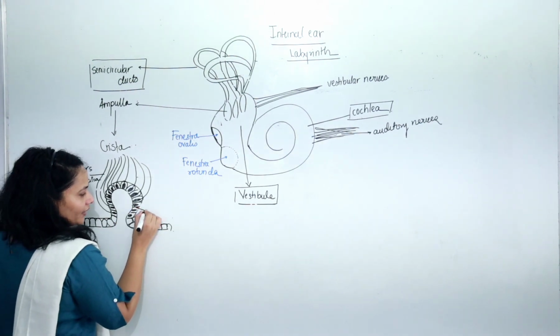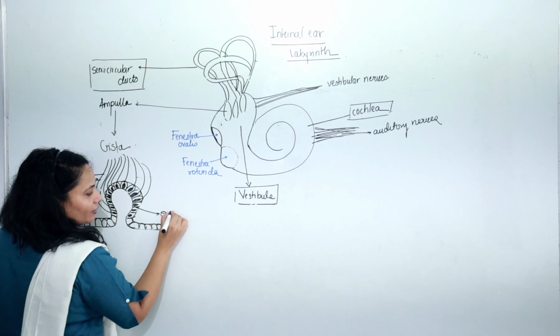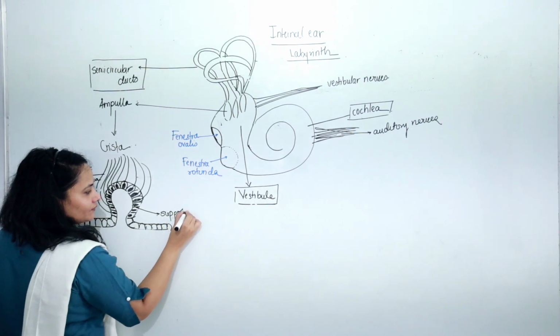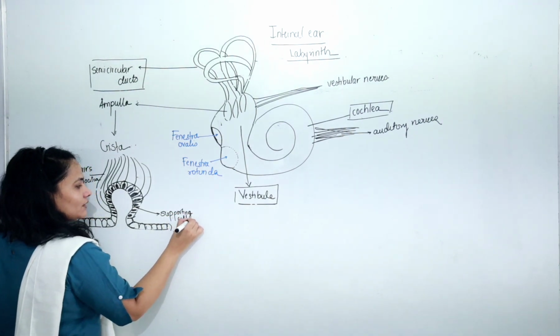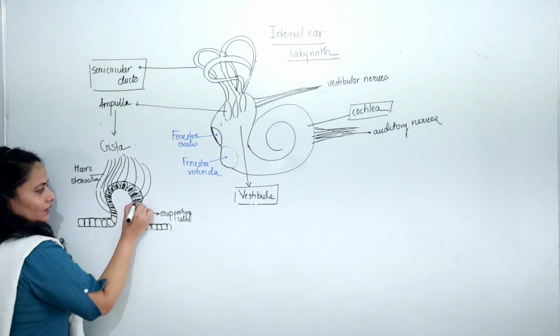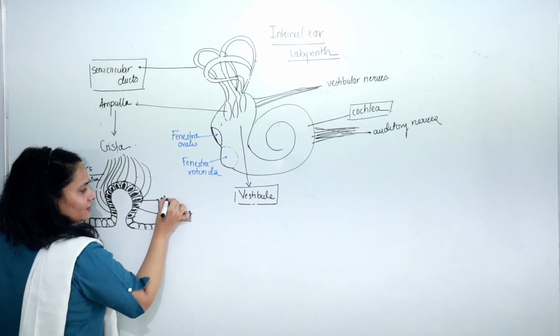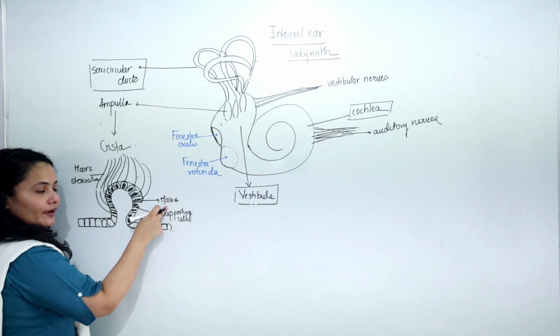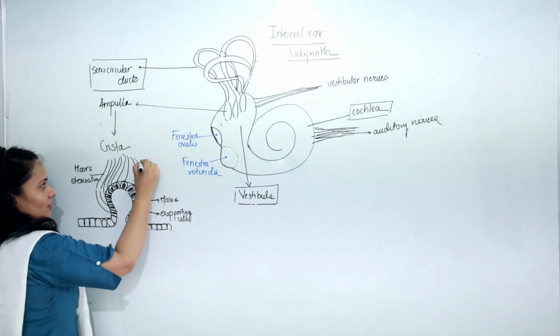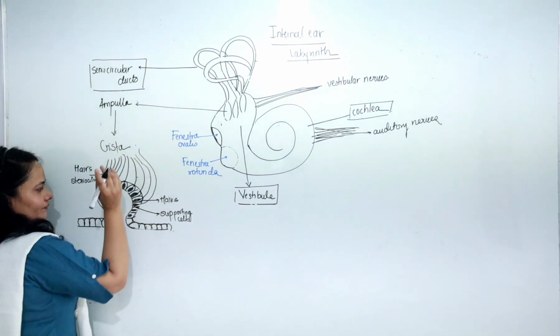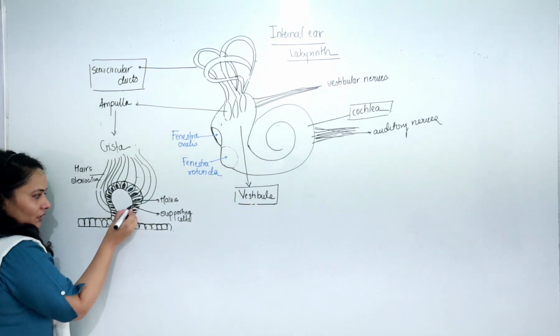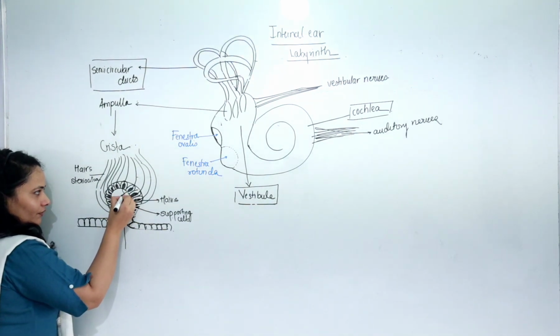The cells next to the hair cells are known as supporting cells. These are known as hair cells. What do hair cells bear? A hair cell bears these stereocilia this way. And just beneath the hair cells, nerves come out this way.